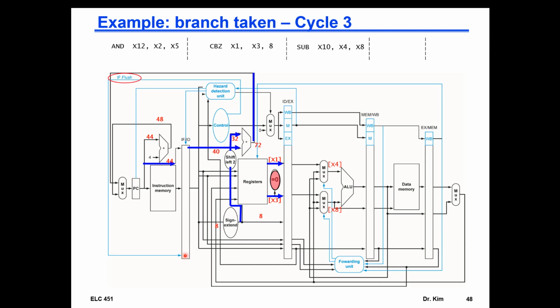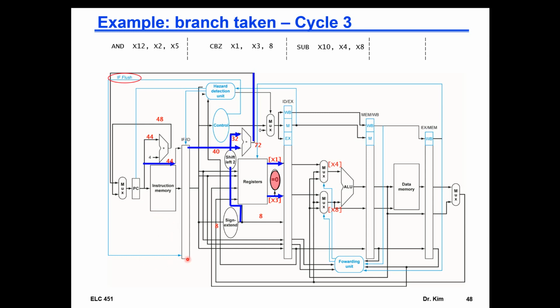It's not going to be enabled, essentially. It's not going to let the instruction advance, because that instruction was fetched with the previous program counter, which is not the right one, because that program counter was for the very next instruction, not for the branch target address.